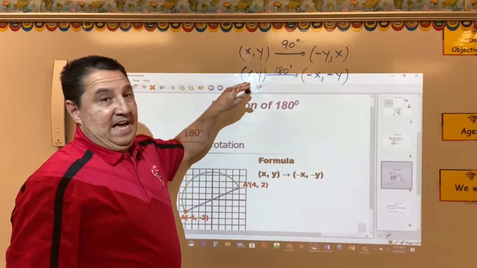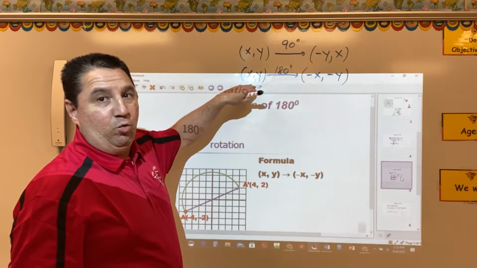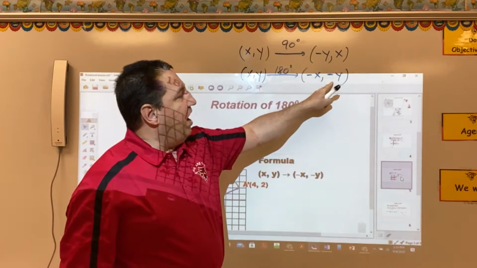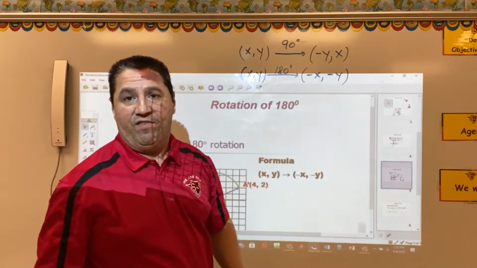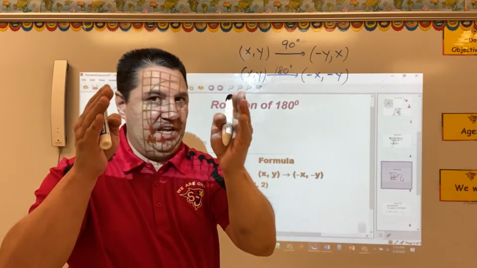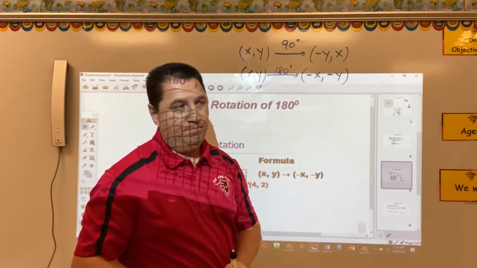In other words, a point whose coordinates are x and y, after a rotation of 180, ends up in this location whose coordinates are negative x, negative y. So we leave the coordinates in their place, but change their sign.